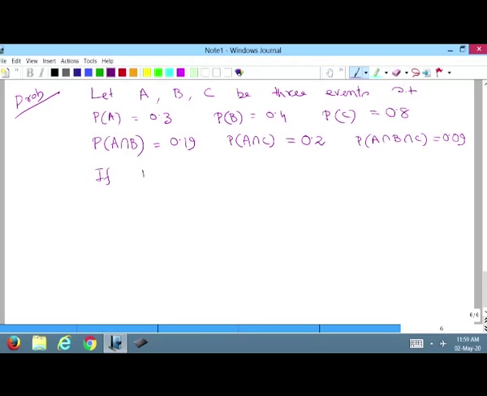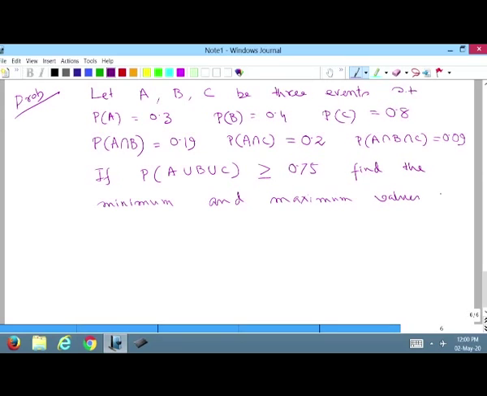If probability of A union B union C is greater than or equal to 0.75, find the minimum and maximum value for probability of B intersection C.